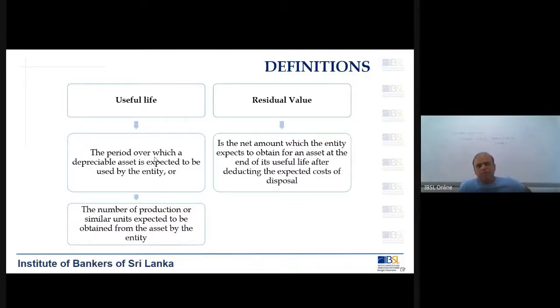But what happens is, some organizations do this type of charity work using these types of assets. That is, after using it for say 3 years or 4 years or 5 years, you can go and donate these items to people where they require those types of items.